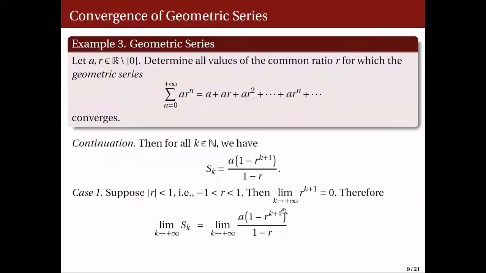And since this goes to 0, the numerator will become a, giving us the limit a over 1 minus r. Hence, the series converges with sum a over 1 minus r.